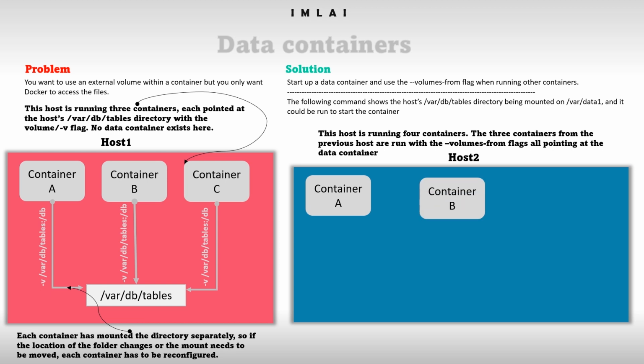Basically it will run 4 containers in total, out of which 3 containers are running services or an application. What the fourth container is doing, we are going to discuss. The 3 containers are similar to the previous host: container A, container B and container C.